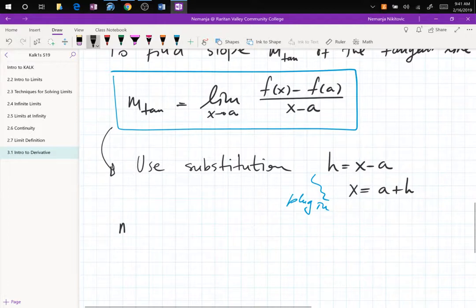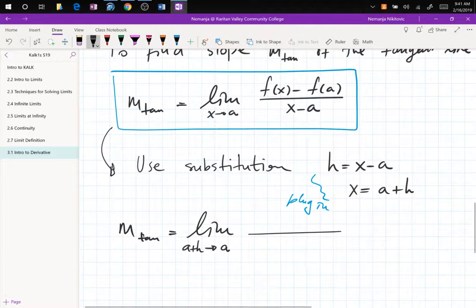So now the slope of the tangent line becomes the limit. Now instead of x, I get to put a plus h, as h goes to 0. On the other side, f of x, x is a plus h, so f of a plus h minus f of a stays as is, and x minus a, we just said that's h.